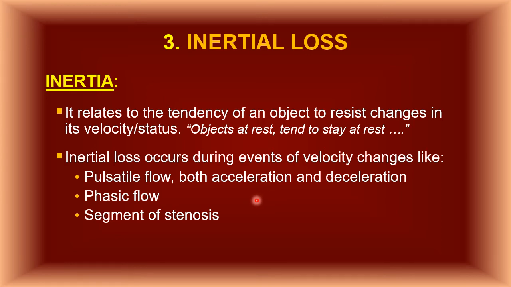This change of blood velocities in the veins is losing energy through inertial losses. A segment of stenosis also applies changes in the velocity. The velocity gets very high in an area of narrowing, like a stenotic area. So the high velocity is again another inertial loss.